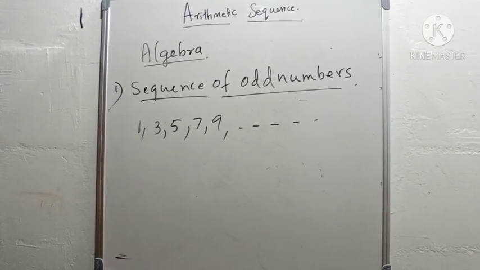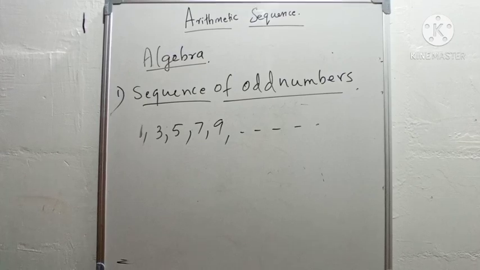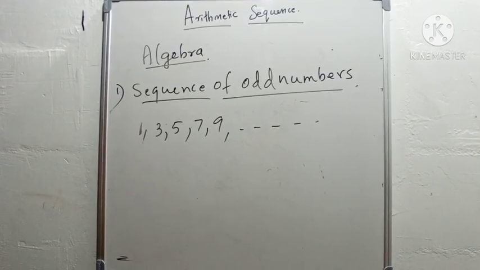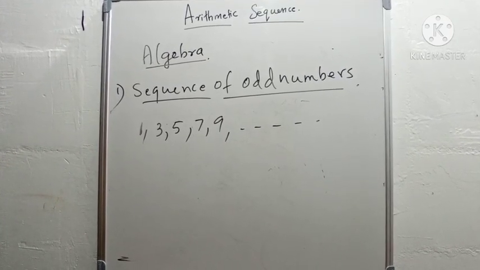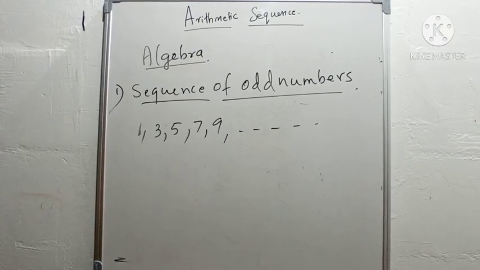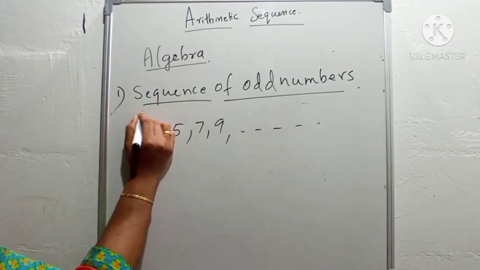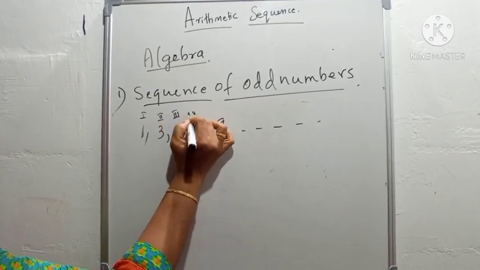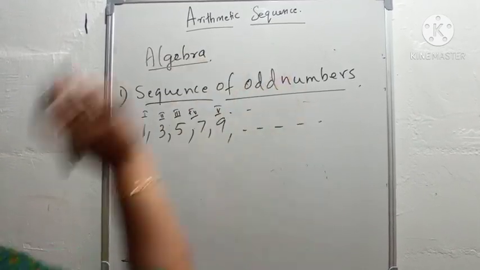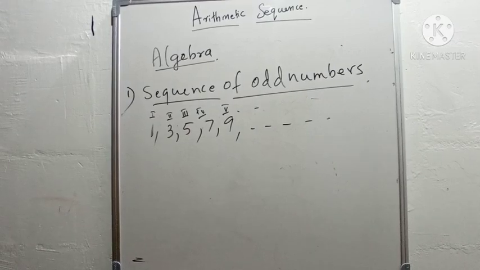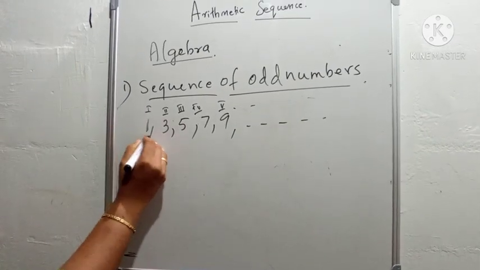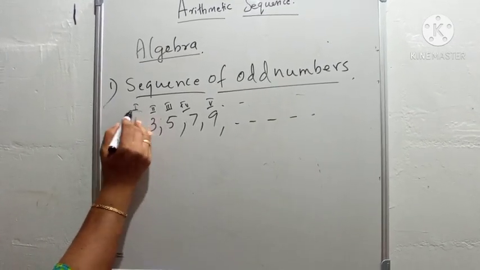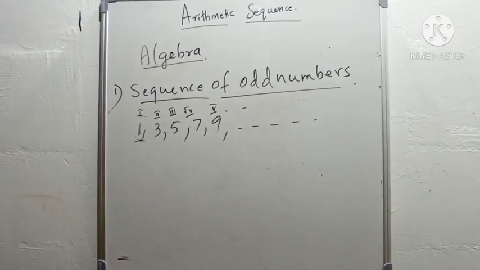Now we are going to write the algebra of this sequence. That means we are finding the relation between its position and term. This is the first position, second position, third position, fourth position, fifth position, etc. What is the relation between the first position and first term?